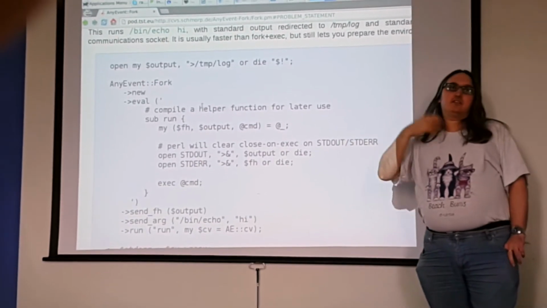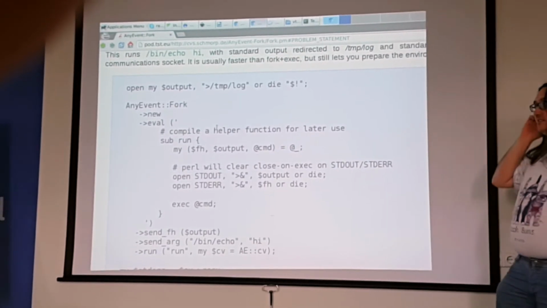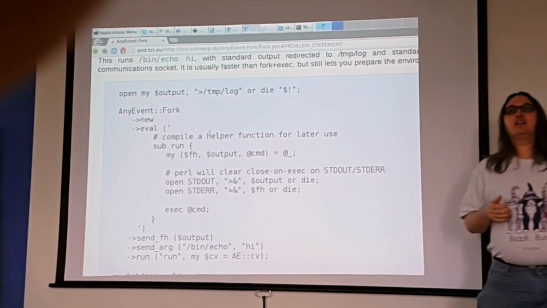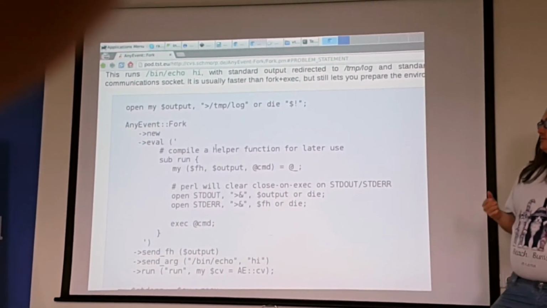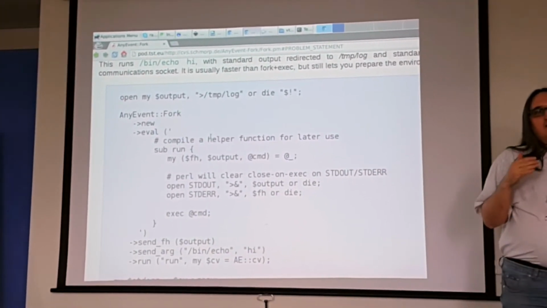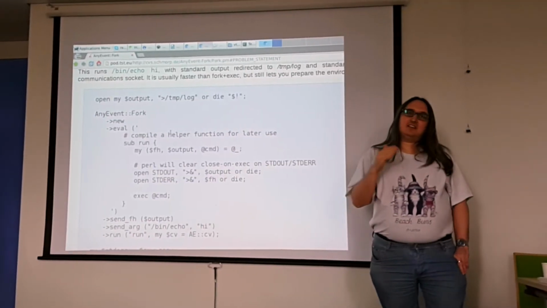I told you that forking is slow. It can take really surprising amounts of time, and even if it doesn't take so long, sometimes you do it very often, and then again it adds up. So you can use AnyEvent::Fork as a fast way of starting processes, which initially I didn't think would be the case.